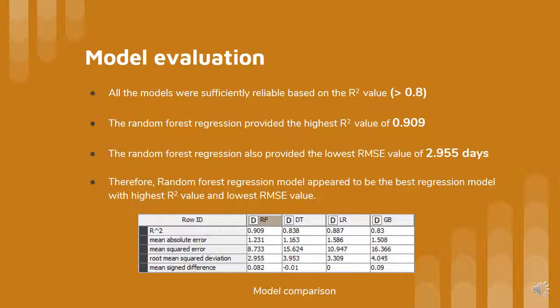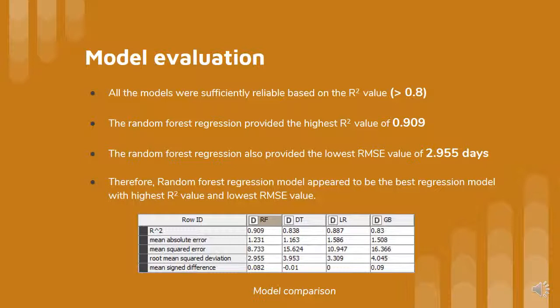So talking about which is the best model, like we said in the previous slides, we will select a base model based on the highest R-square value and lowest RMSE value. If you look at the table, we can see that the random forest regression model gets the highest value for R-square, which is 0.909, followed by the linear regression model, which is 0.887.